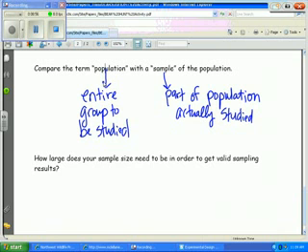Is it realistic to expect that whenever we do experiments, whenever we conduct surveys, that we can do them for the entire population? If we wanted to find out how many people, or the percentage of people that like blue over green, how are we going to do that?